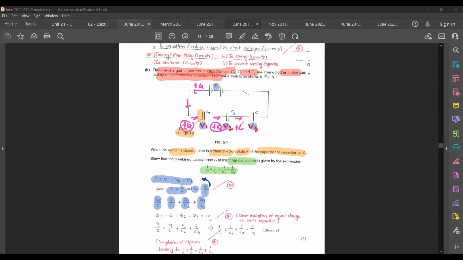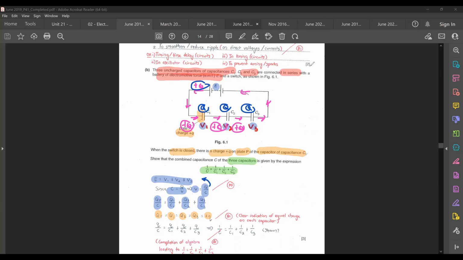You'll really just have a charge of Q stored in each capacitor. Because what you actually push through your circuit is Q. Whatever charge is stored in your capacitor is really just Q itself. So you can actually just say that Qt is equal to Q1, Q2, Q3, or just positive Q. This positive Q is actually from here.